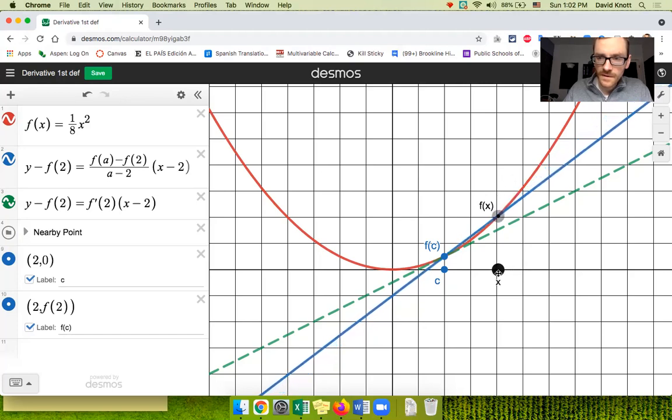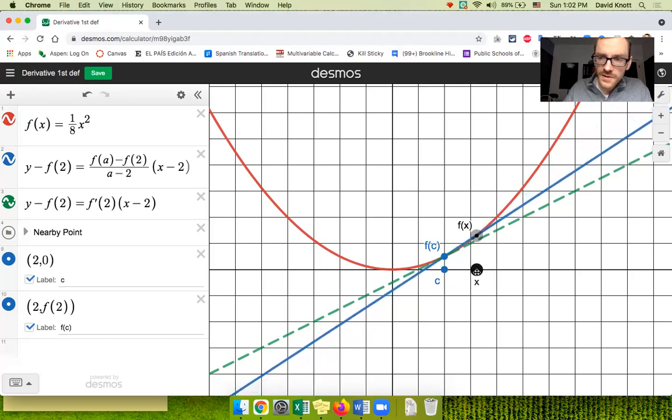Okay, so it's getting closer and closer. And now, do you notice that the blue line, which is still connecting these 2 points, f of c and f of x, is a lot closer to the green tangent line?